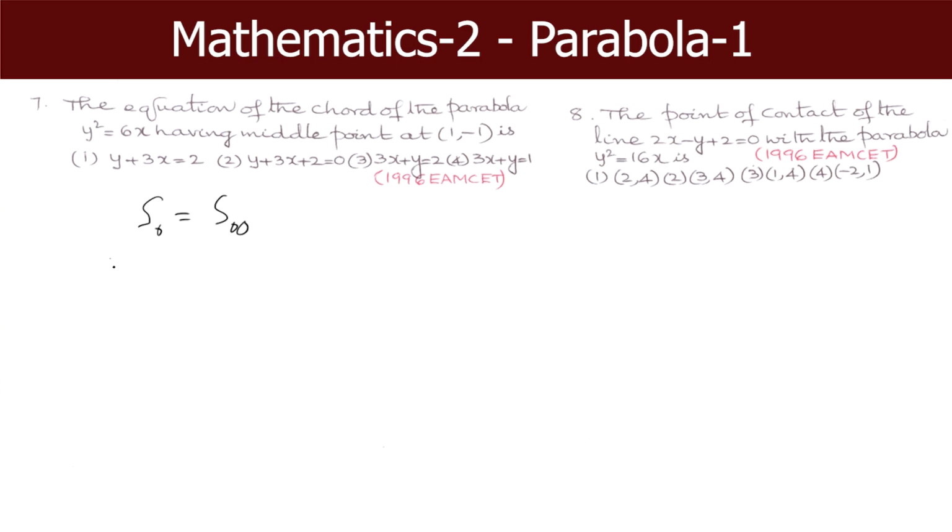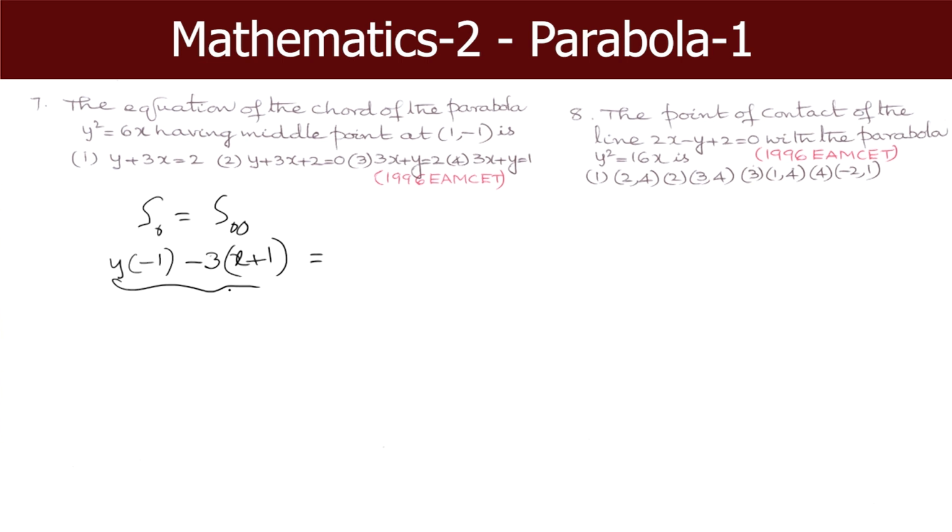S1 is y into y naught. Y naught is minus 1, so minus 2a times x plus x naught, that is 3 times x plus 1, is S1. Y square minus 6x: 3 into 2x, 2x is x plus x1, replace x by 1.